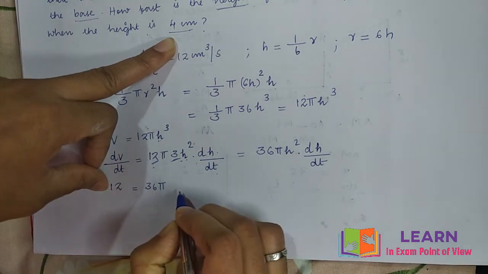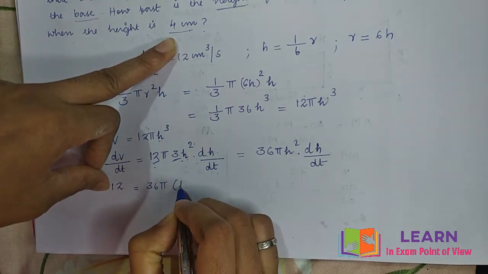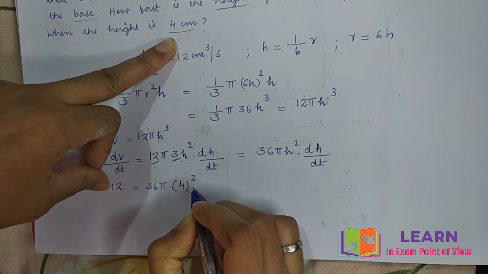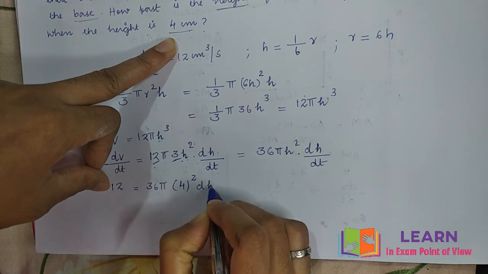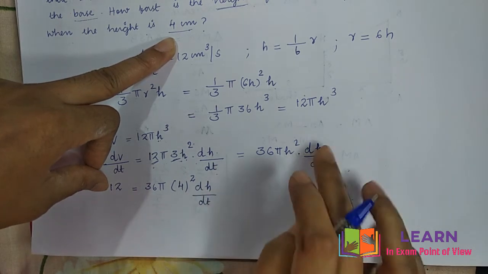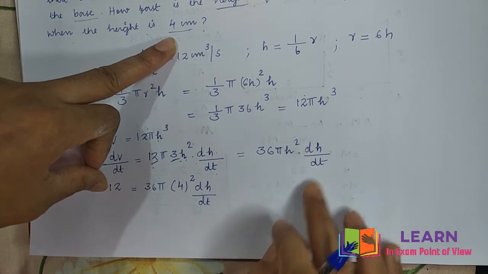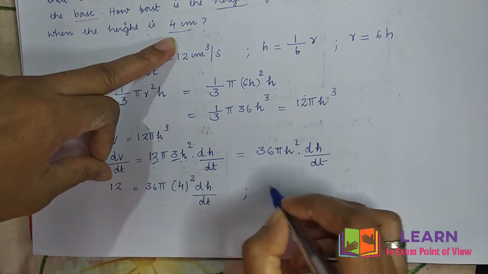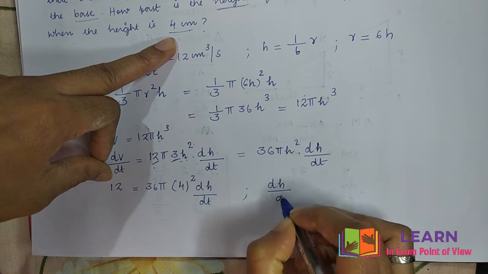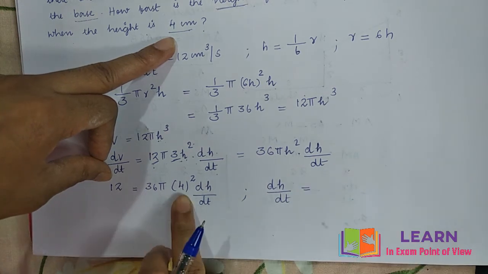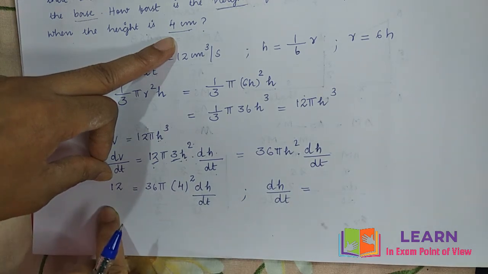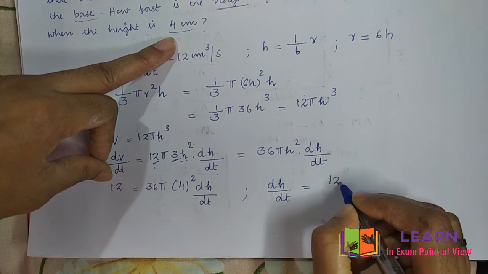In the place of h, 4 square, into dh by dt, this rate of change we need. So dh by dt equals this, moving everything to this side.